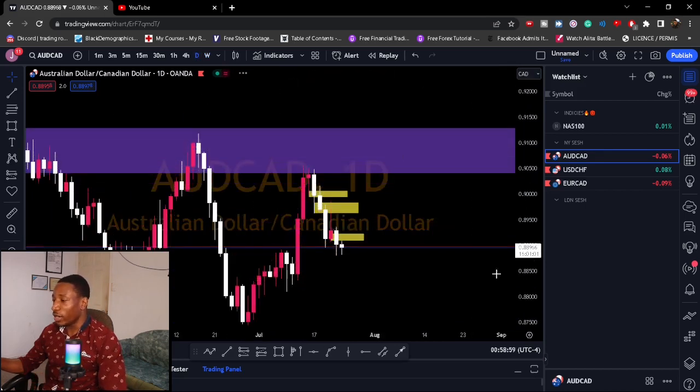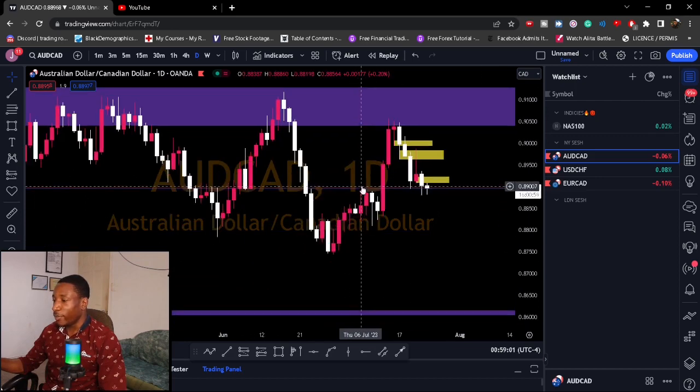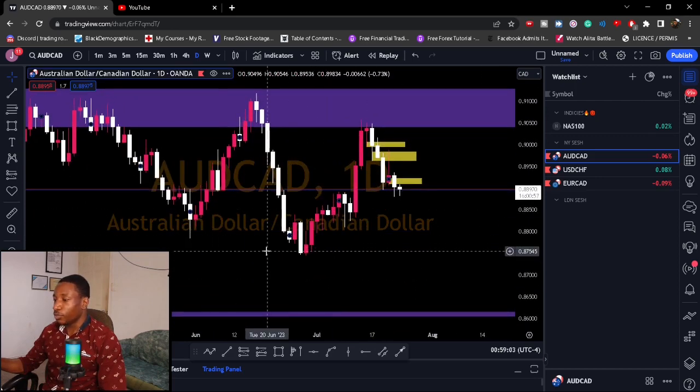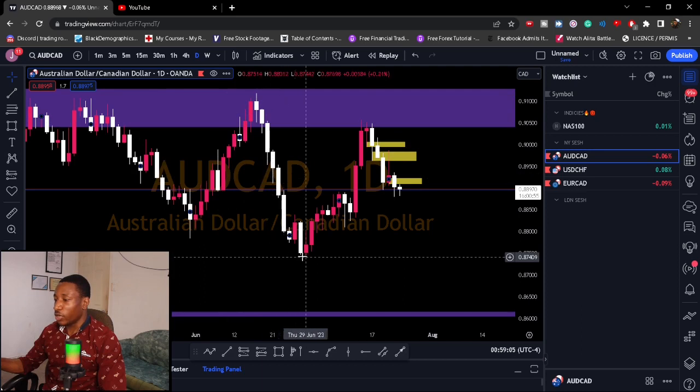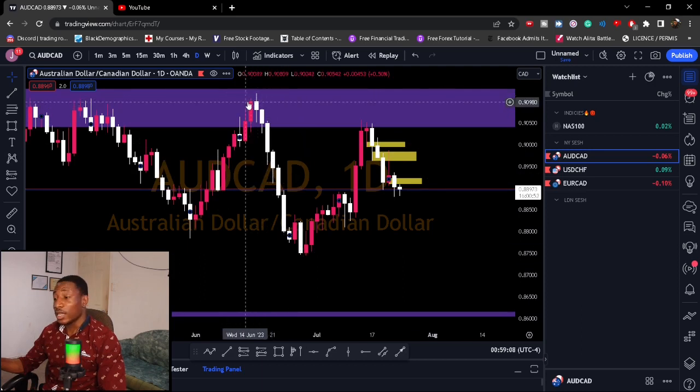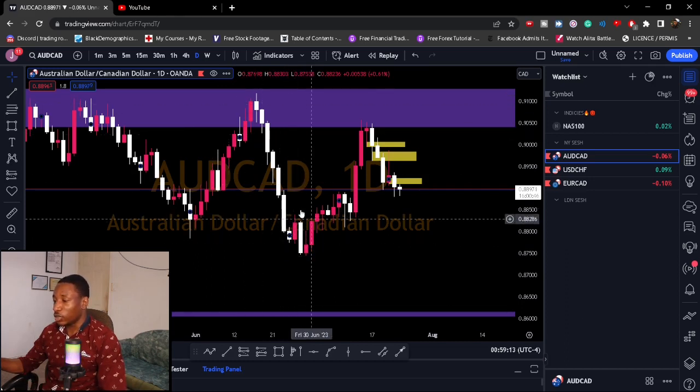So we go to the daily right now. The daily is currently bullish, in the sense that price created this high, created this low here. So we can say the daily has to break here for us to say that the daily is buying. But personally, I'll look at it as this one here.